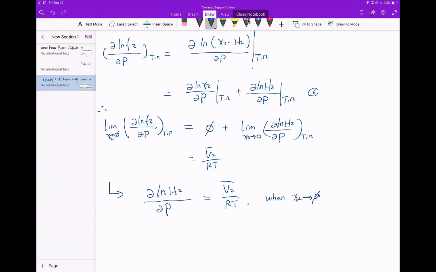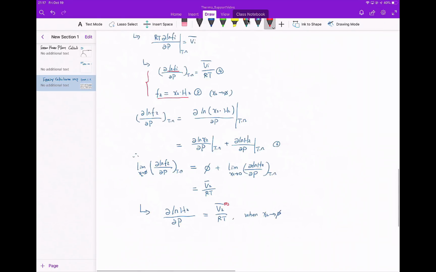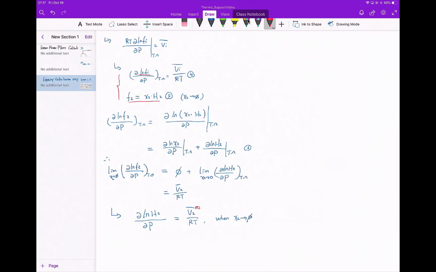So when X2 goes to 0, the partial molar volume, which we have not discussed yet but will discuss this coming Monday, is the infinity one. So we feel like this is the right direction, because the problem statement has some information about this V2 infinity partial.